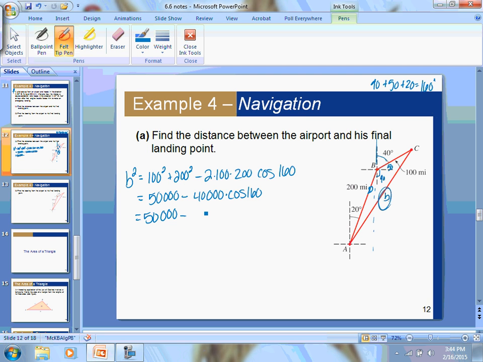When you do that, you get a negative value. So minus a negative is plus a positive. 37,587.70. And then you add in your 50,000 and you get 87,587.70. But now I still have to take the square root of that to get b.